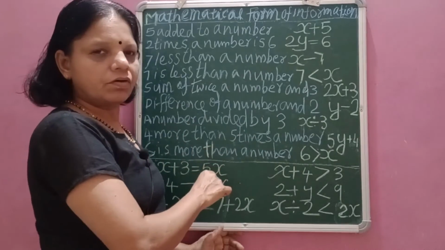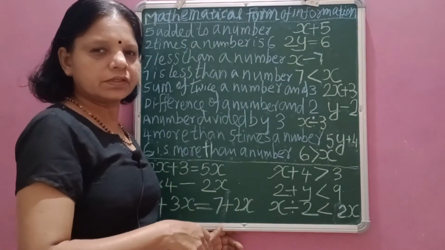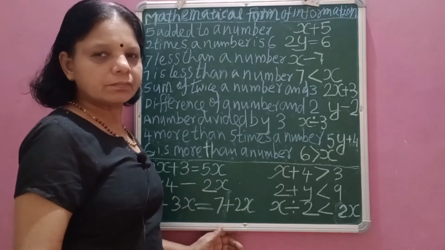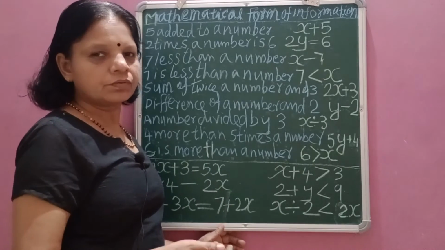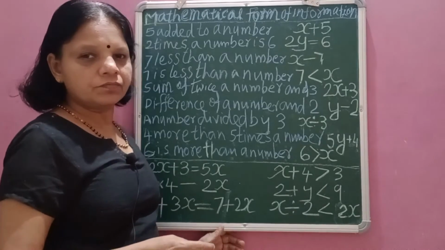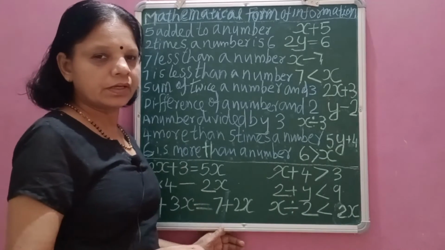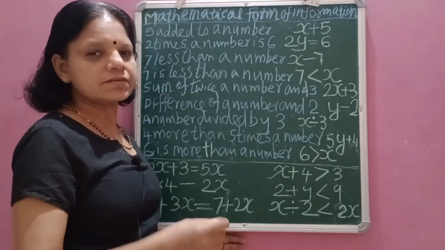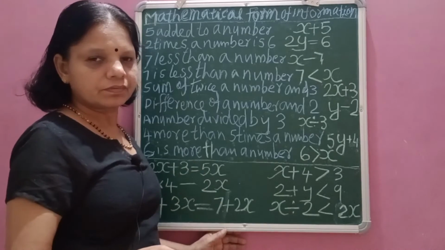This is the way of converting into mathematical form. You have to practice a lot and don't confuse is more than and more than, is less than and less than.